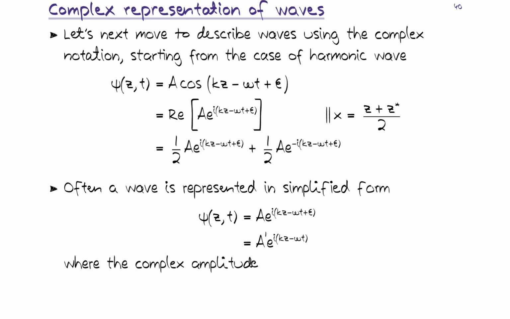And here, the complex amplitude A prime, of course, we define as the real valued amplitude A times the exponent i epsilon, so the initial phase epsilon is included. This is also possible, and please remember this in what follows, that the amplitude can also be complex valued in this notation, and then it just means that we have some kind of phase related with the field.